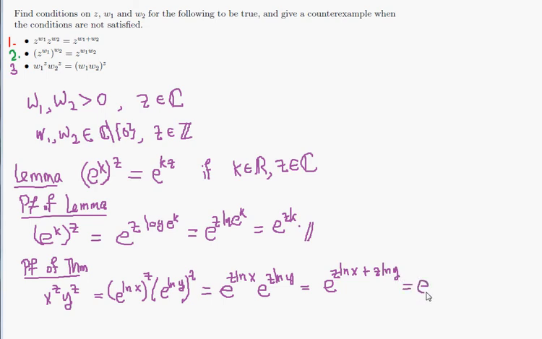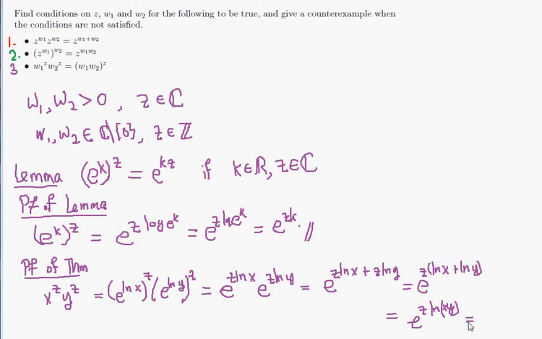Now the z factors out, we get e to the z times natural log x plus natural log y. Now from the ordinary laws of logarithms, that's e to the z times the natural log of x times y. And then using the lemma again, but this time in reverse, the k is going to be the natural log of xy here.